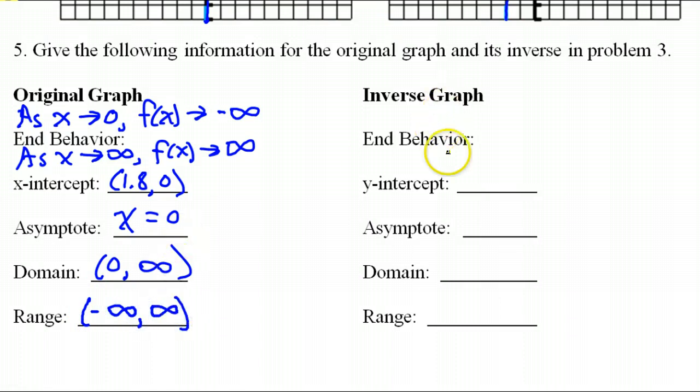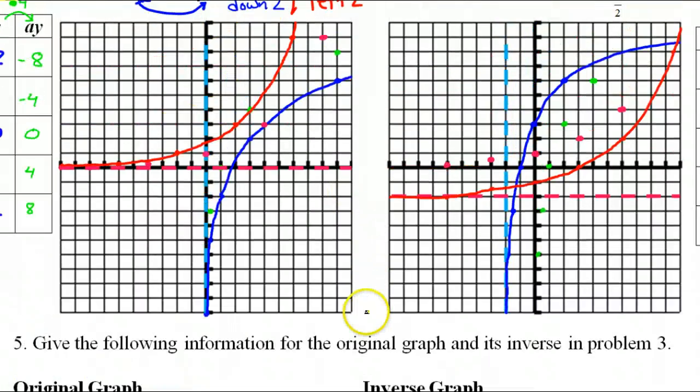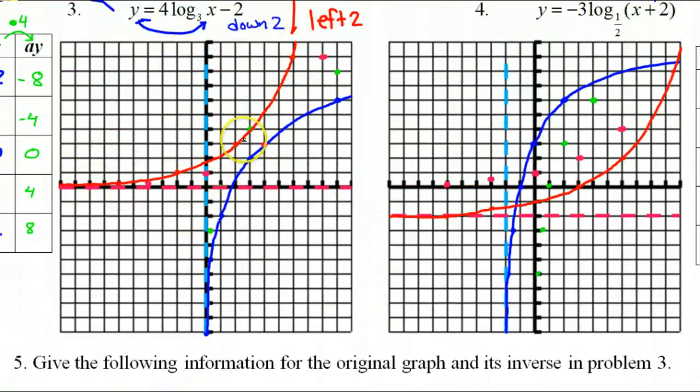All right, now let's switch to the inverse graph and answer the same questions. Now the inverse graph is the red, so focus your eyes on the red. Let's start with the end behavior. As we go to the left, it goes forever to the left.